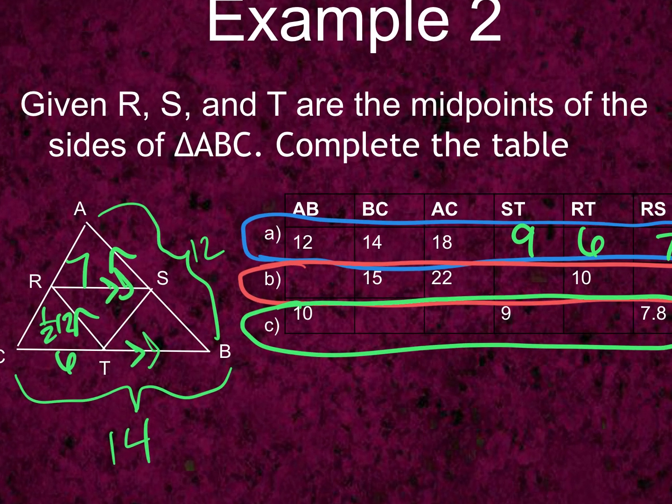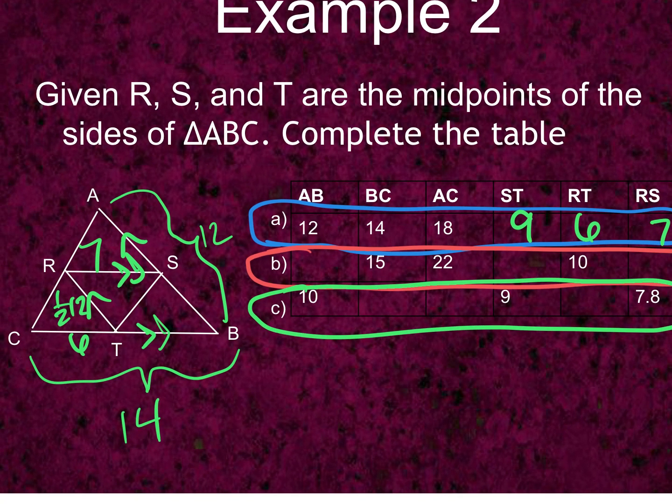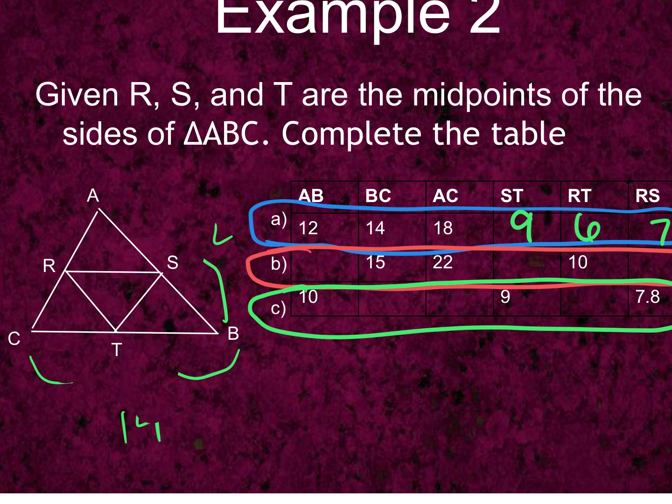Okay, moving on to letter B. Guys, how would you find out AB in letter B? You can erase, if you need to erase on your diagram, you can erase each time. How would you find AB in letter B?